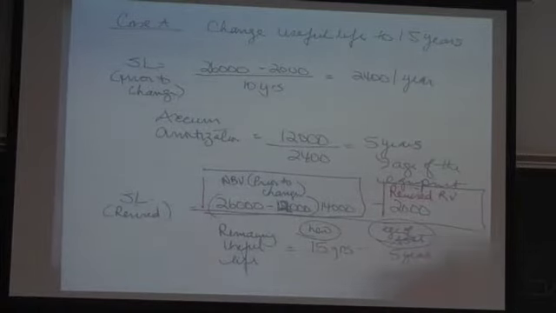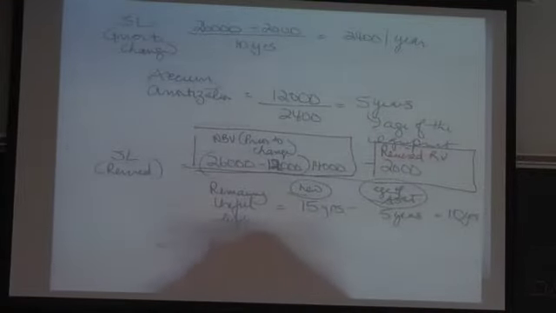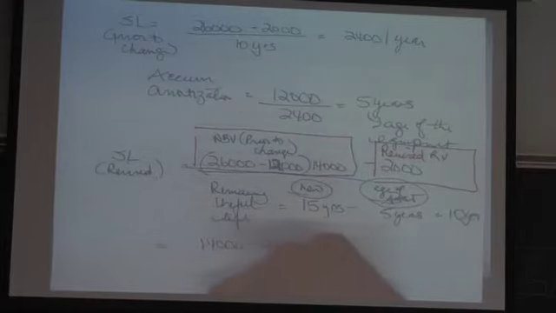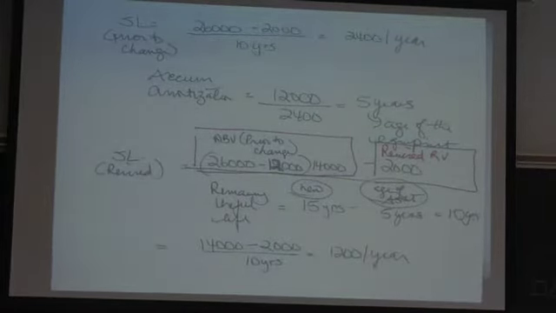That means that the remaining useful life is 10 years. So if I take 14,000 minus 2,000 divided by 10 years, gives me 1,200 per year. This is the new amortization expense or depreciation expense in case A.